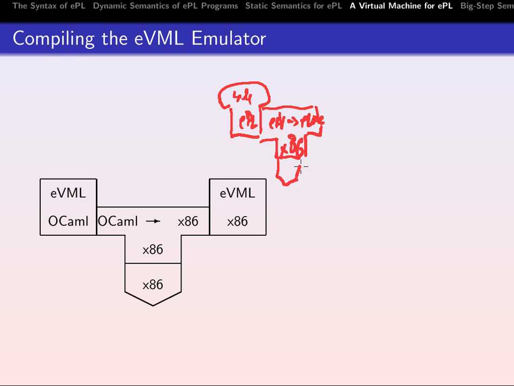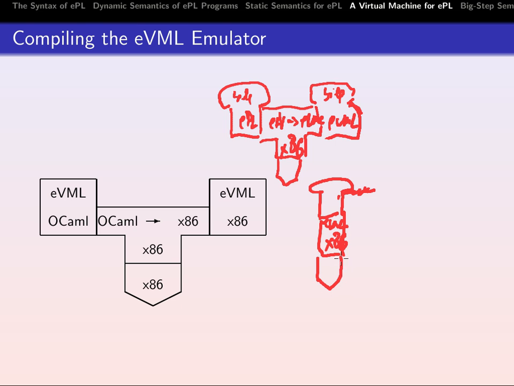And here I can put the hardware, right? What I get here is a bill EVML, right? This is a mushroom. And then I can take this mushroom and I can use the EVML to x86, and then I can use the hardware.